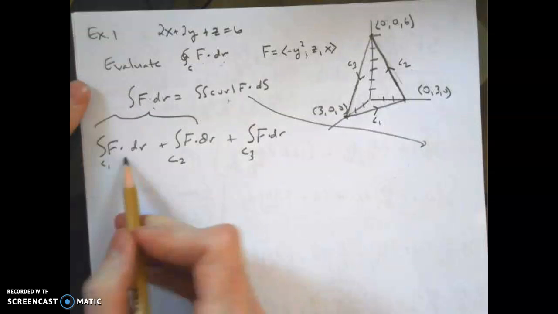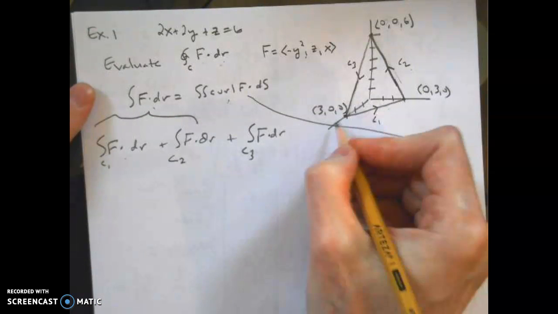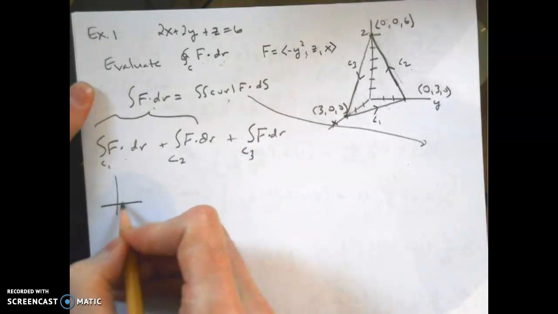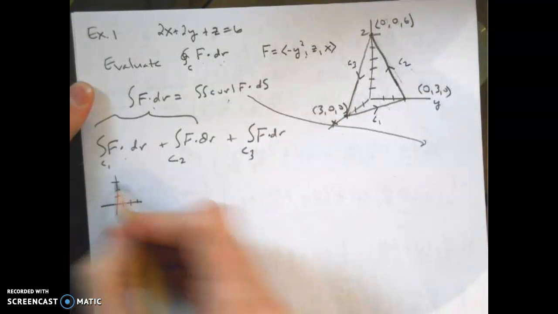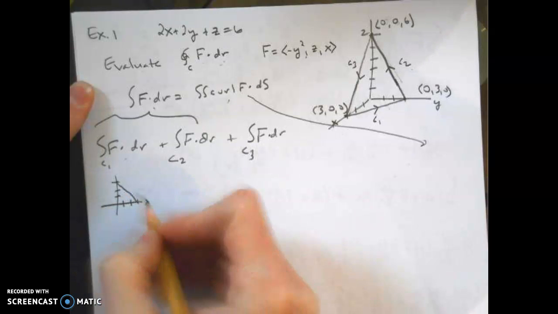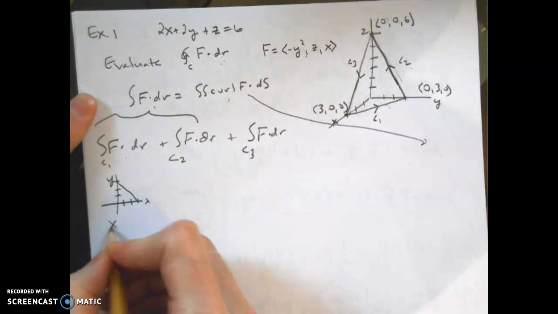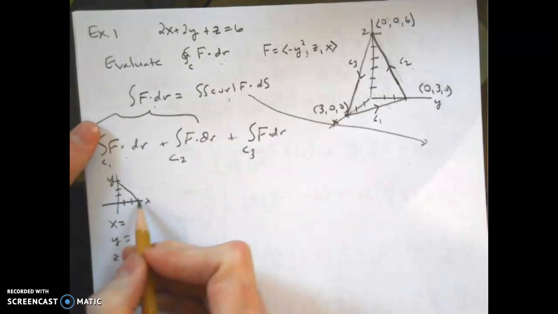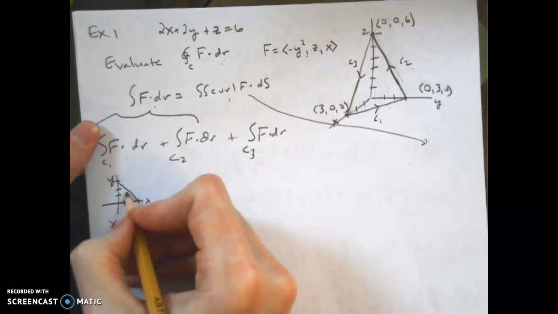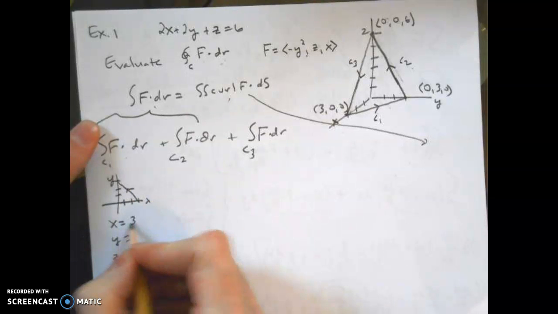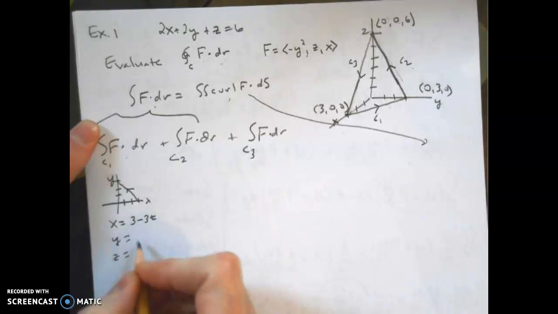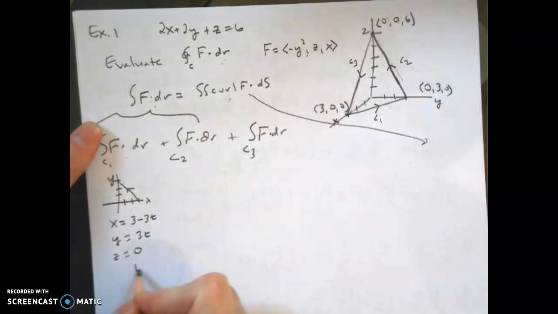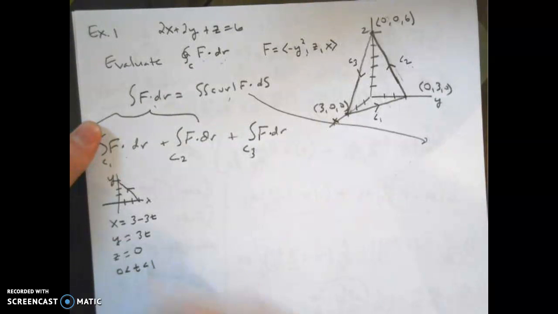For the first one, on C1, I'm going to draw this in the xy plane, just for convenience. In the xy plane, we've got 1, 2, 3, and 1, 2, 3, x and y. We can parametrize this curve: x equals 3 minus 3t, y equals 3t, and z equals 0, with t going from 0 to 1.